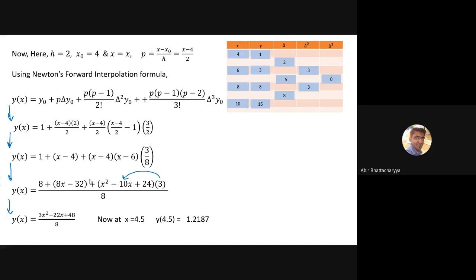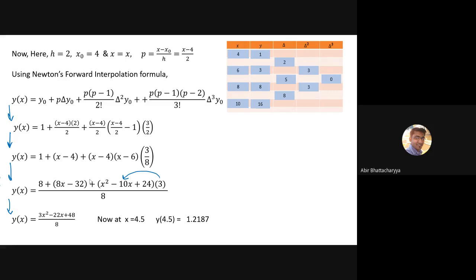I took all the terms of x together and got the coefficient of x as minus 22. I took all the constants together, and by adding and subtracting you will get 48. So term by term I adjust it and get it.